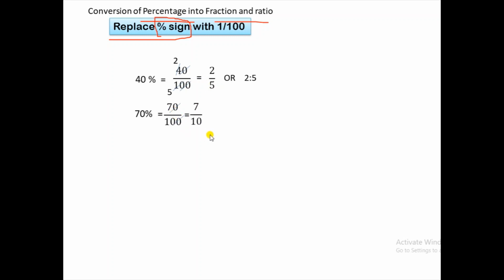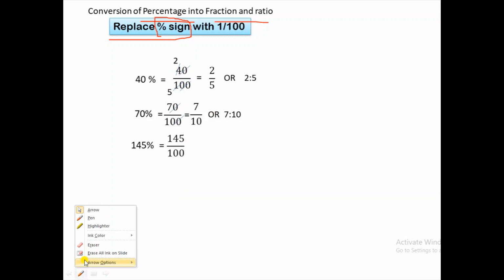But now here 7 by 10 cannot be reduced further, or in point decimals also you can make it. So it is 7 by 10 or 7 is to 10. If you take some larger number, that is 145%, so again it is going to be 145 divided by 100. And so easily here we can do the calculations.